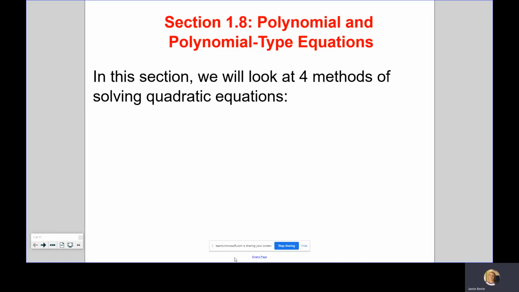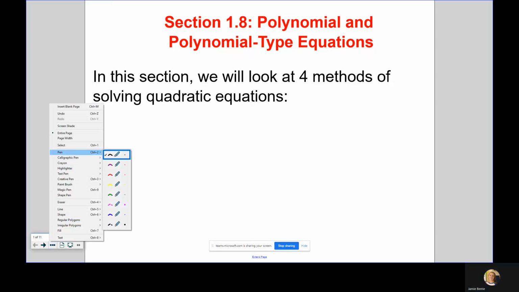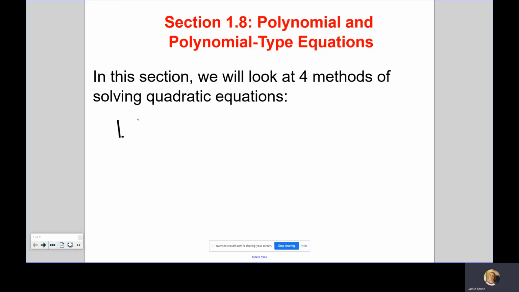Alright, so like I said, in this section we're going to be looking at 4 different methods for solving quadratic equations. The first method is by using factoring. So we'll use factoring.